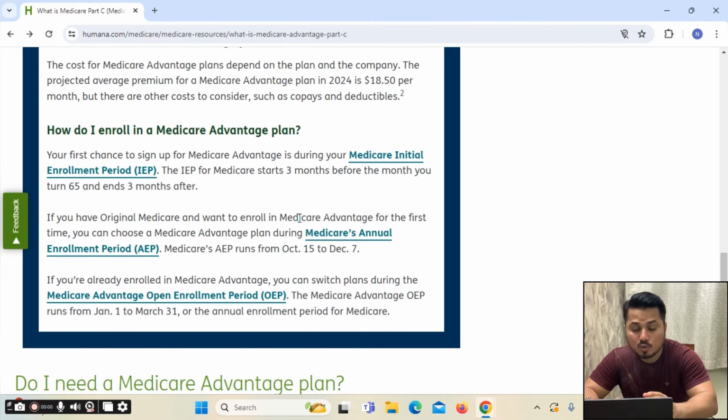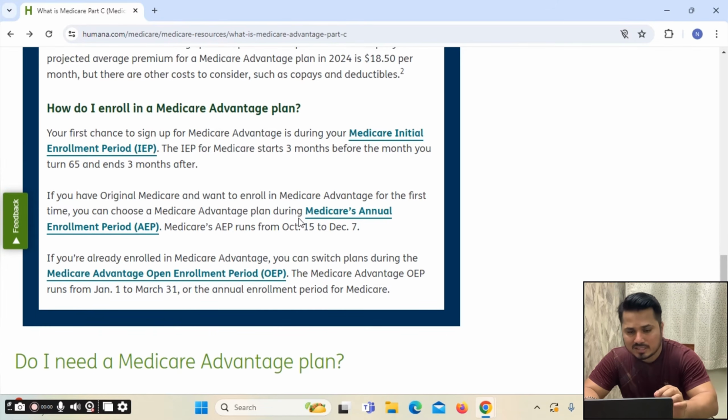Now, how do I enroll in a Medicare Advantage plan? The first chance to sign up for Medicare Advantage is during your Medicare initial enrollment period, which is called the IEP. The IEP for Medicare starts 3 months before the month you turn 65 and ends 3 months after.